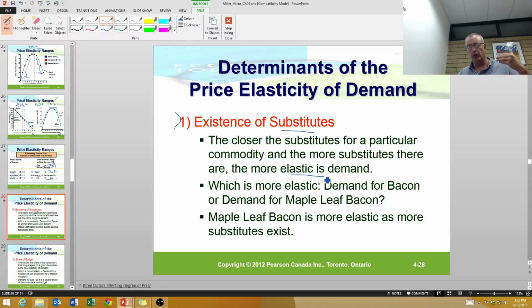If we say that Coke and Pepsi are substitutes, and the price elasticity of demand for Coke is elastic, an increase in the price of Coke will result in a large decrease in the quantity demanded. Why? Because we have Pepsi available as a substitute.